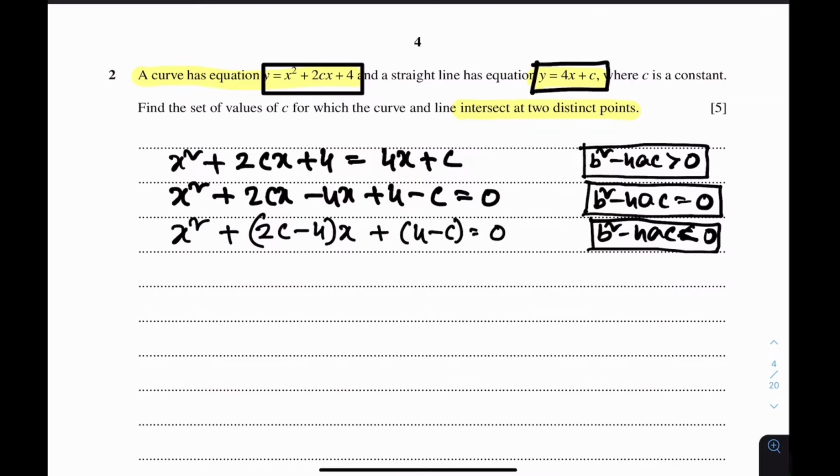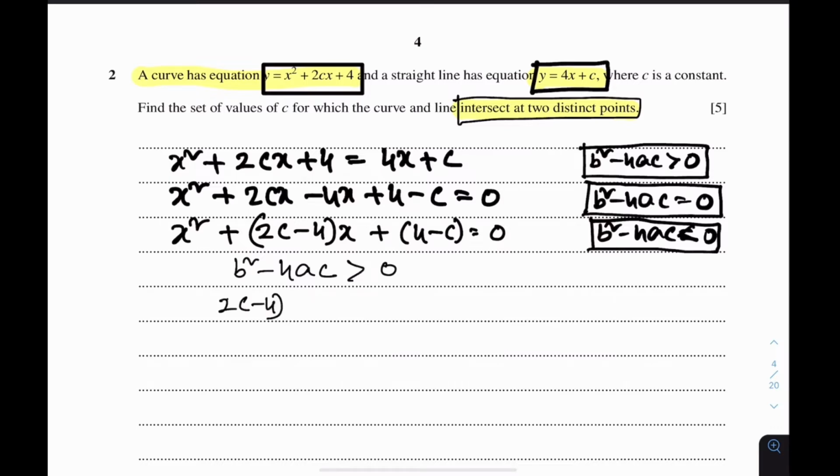Since it intersects at 2 distinct points, we can write b squared minus 4ac greater than 0. Here b is (2c minus 4) squared, minus 4 times 1 times (4 minus c), greater than 0.